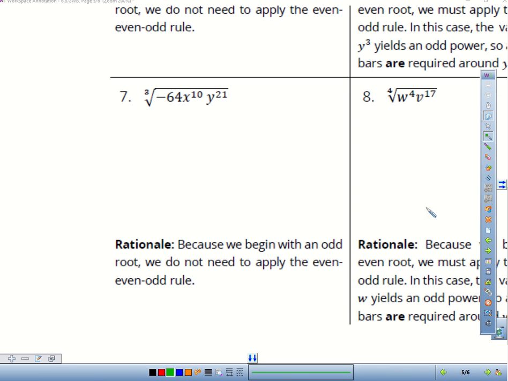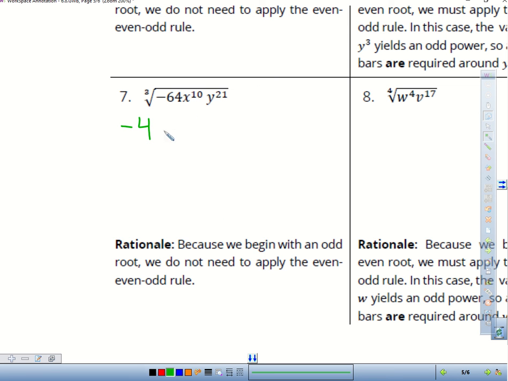Okay. So, good news about this one. If you look at your chart, what do you notice the perfect cube root of 64 is? 8. That's the perfect square root. Oh, cube. 4. So what do you think the perfect cube root of negative 64 is? Negative 4. Remember, negatives are okay when the index is odd.